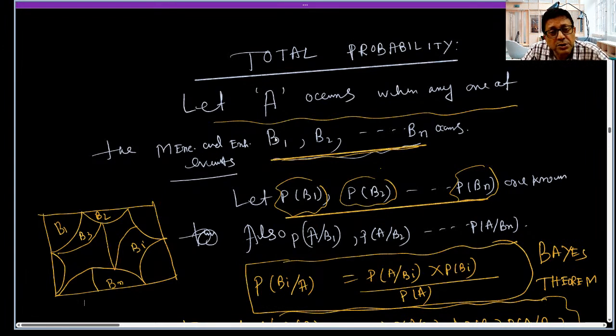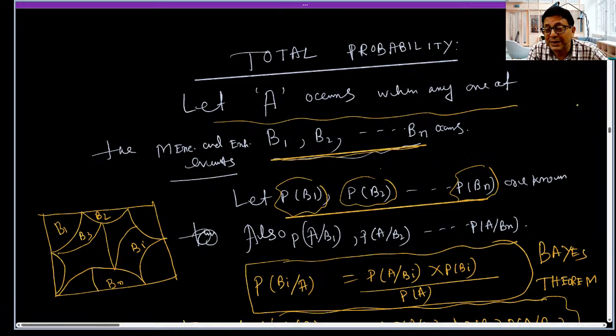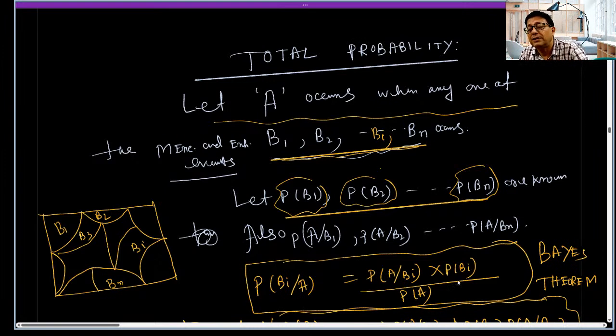We know conditional probability of A when B1, B2, Bn occur, that we know. Then what is the probability of an arbitrary event Bi here? Bi lies here only. When A has occurred, this we want to find. That we find by this formula, P(Bi|A).